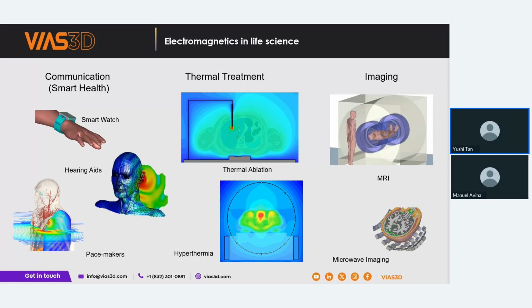You can have a pretty detailed biological human model to run the MRI simulation. Of course, microwave imaging is another area where we can leverage simulation to get a good insight into what the outcome is going to be.